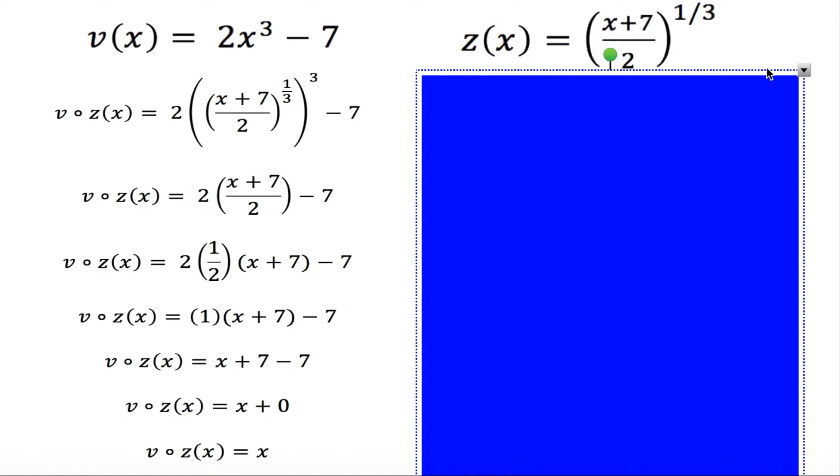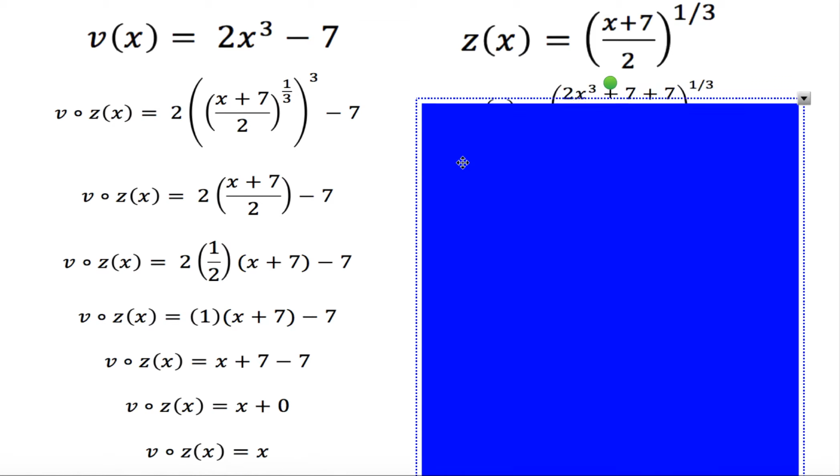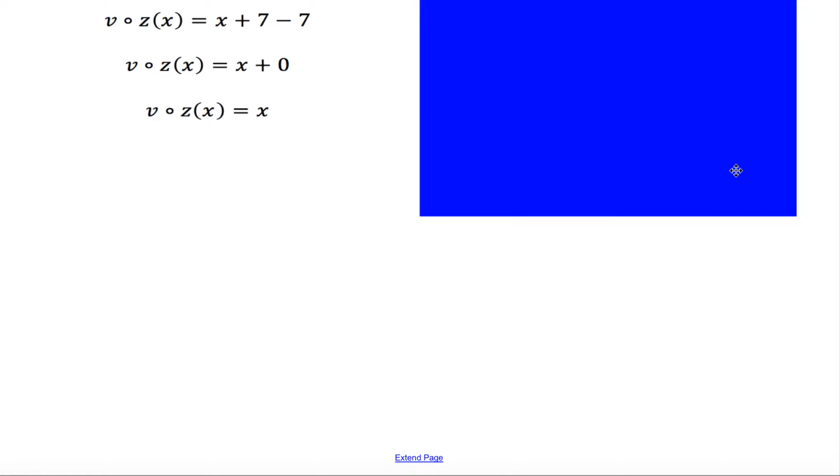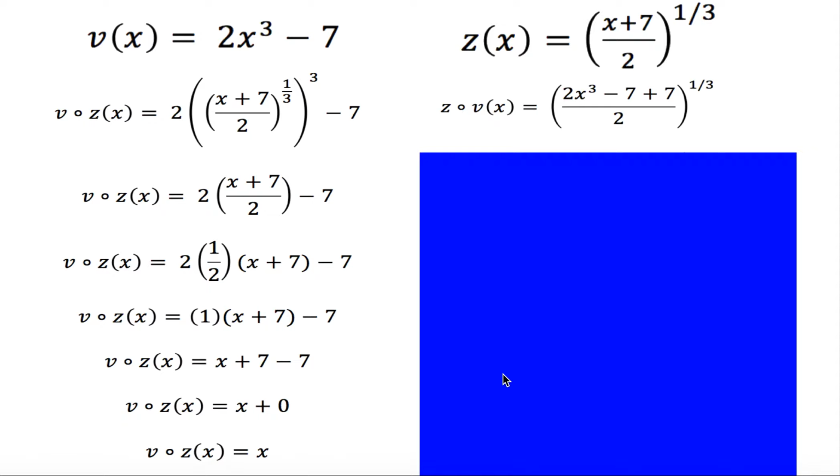So let's check and see, and let's see if we can move this a little differently so we don't keep scrolling up. But if we look here, or if we just extend this, it should help us a little bit. So here we have z of v of x. So now I'm going to start with this function here, and where I have this x, instead of writing x, we're going to replace it with our function from v.